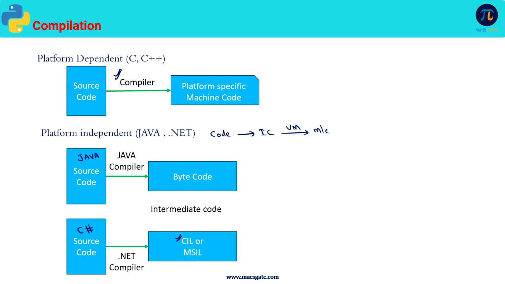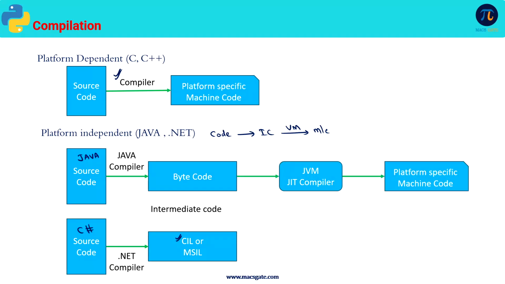In Java, the Java virtual machine executes the bytecode on the target platform. Actually, the Java virtual machine contains a just-in-time compiler which converts the bytecode into platform-specific machine code. Then the Java virtual machine will execute that particular machine code.